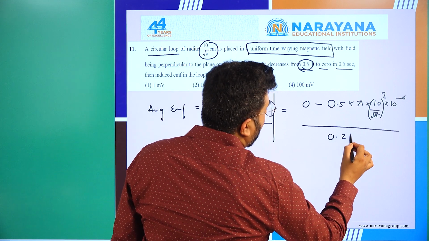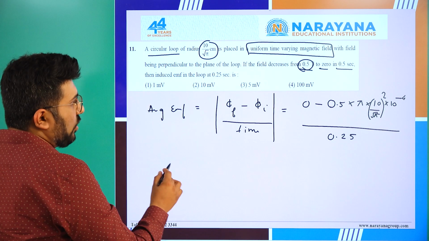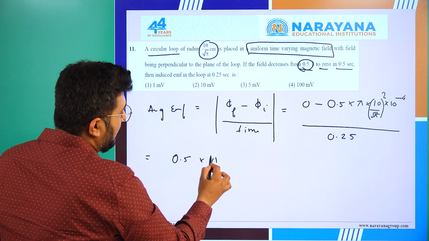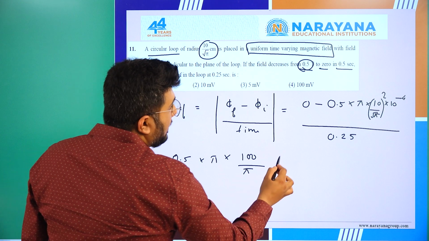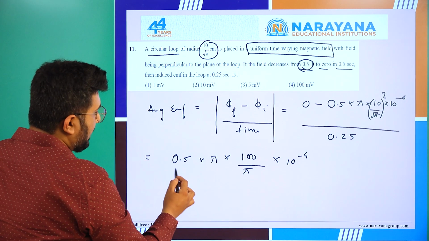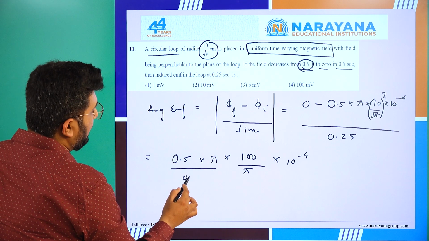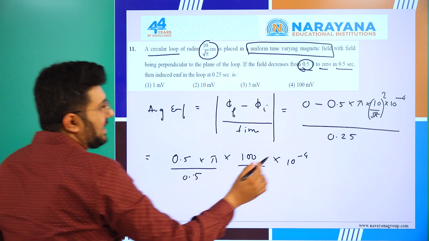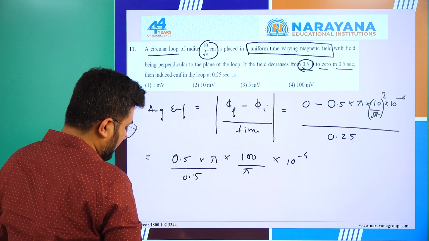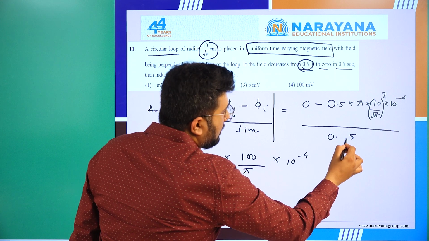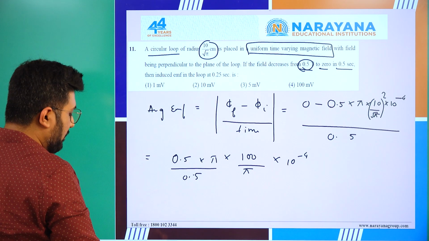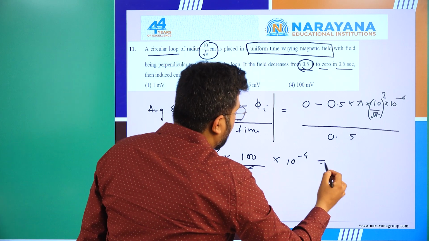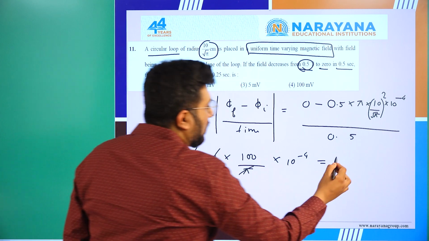Because it reduces to 0 in 0.5 seconds, I'll take 0.5 seconds here. So 0.5 into pi into 100 by pi into 10 raised to the power minus 4 divided by 0.5. I'll remove the minus sign. So this is equal to 100 into 10 raised to the power minus 4, I can call it 10 millivolt.